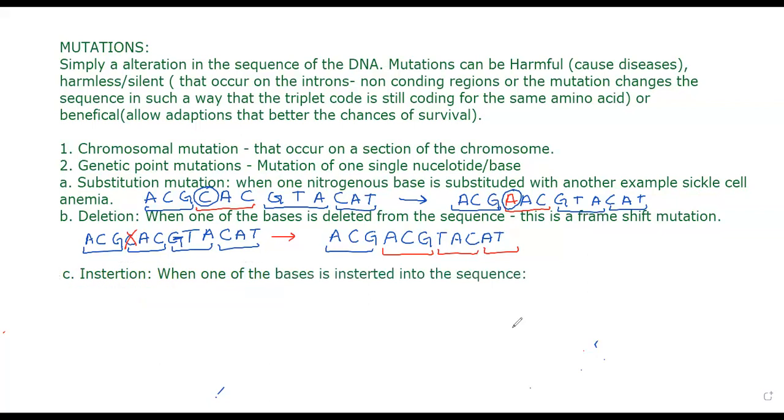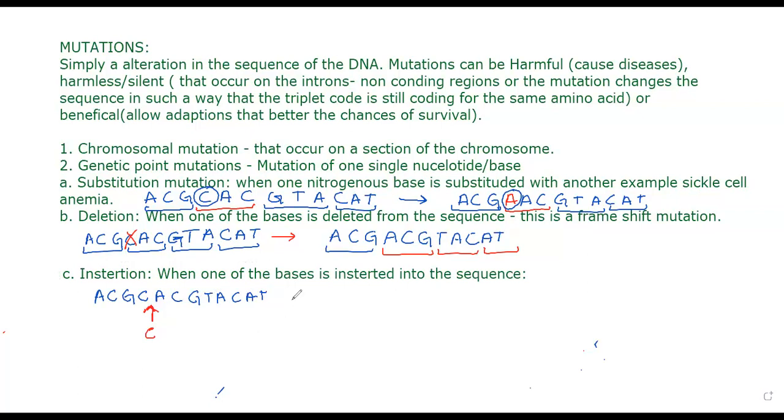Let me again take the same sequence and let's see what happens with an insertion. We have A, C, G, C, A, C, G, T, A, C, A, T. Let's say I decide that I'm going to add an extra nucleotide over here. What will happen to my DNA sequence?